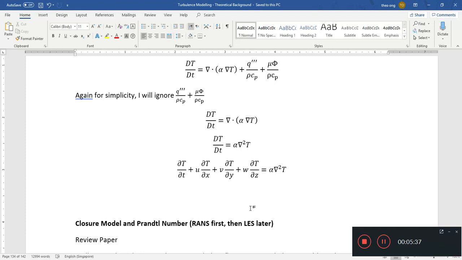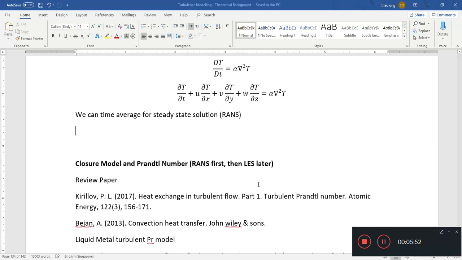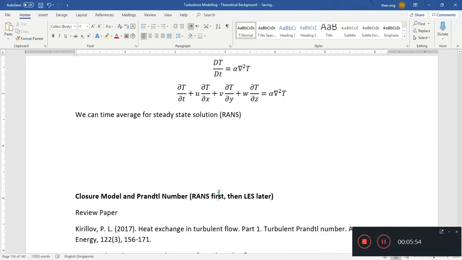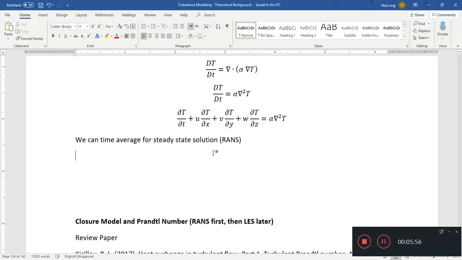We can time average for a steady state solution. This is the simplest way of averaging for Reynolds-averaged Navier-Stokes. I'll go through the closure model later, but let's have a closure problem first.